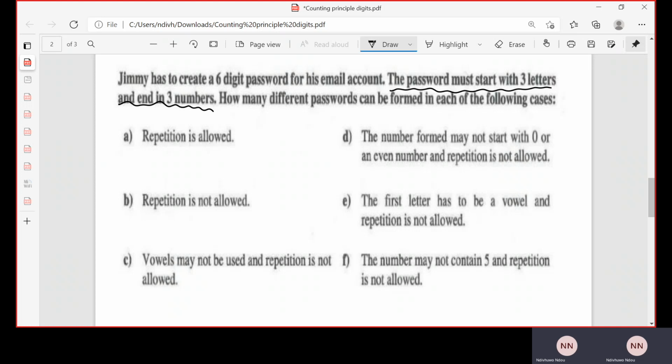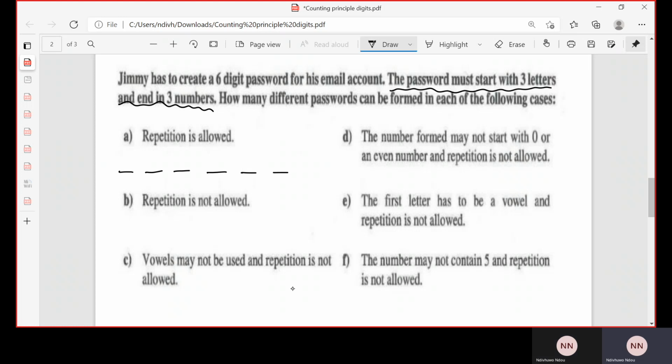A, repetition is allowed. We must have 1, 2, 3 letters, 1, 2, 3 numbers. If repetition is allowed, how many passwords can he form? For A. Okay, it's A, right?